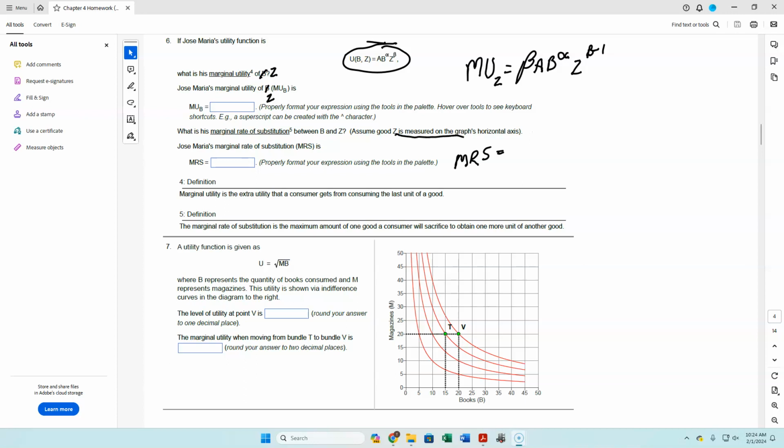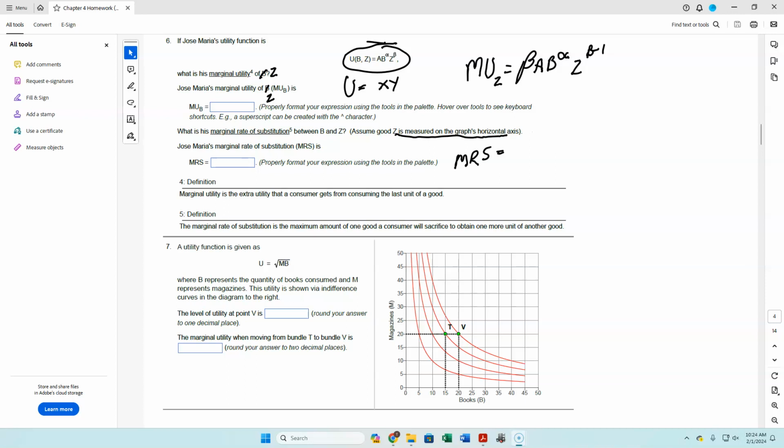So going back to this is where we're running into problems. Just to stay consistent here, Z is on our horizontal axis. So remember, when this is set up, the way we typically see this is X, Y. So in essence, our Z is forming the role of our Y variable.